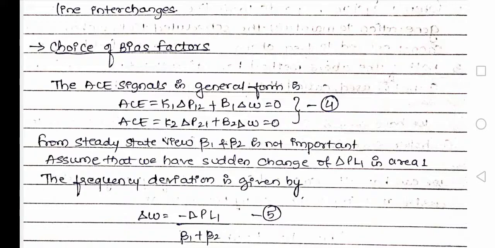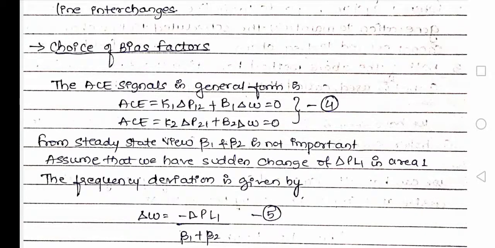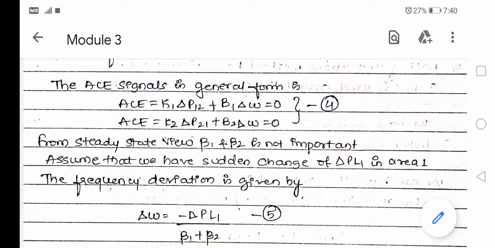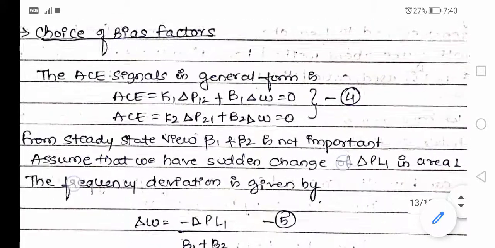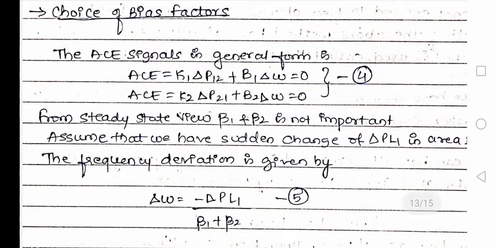The area control error signals in general form are expressed as ACE is equal to K1 of delta P12 plus beta 1 of delta omega is equal to 0. This is for area number 1, and for area number 2, ACE is equal to K2 of delta P12 plus beta 2 into delta omega is equal to 0.